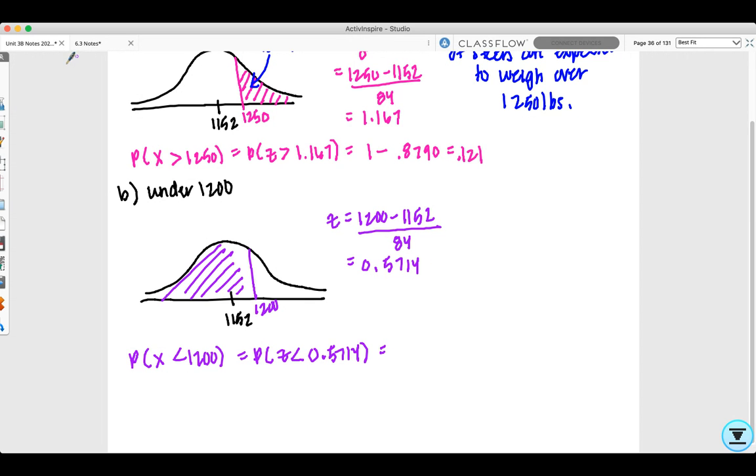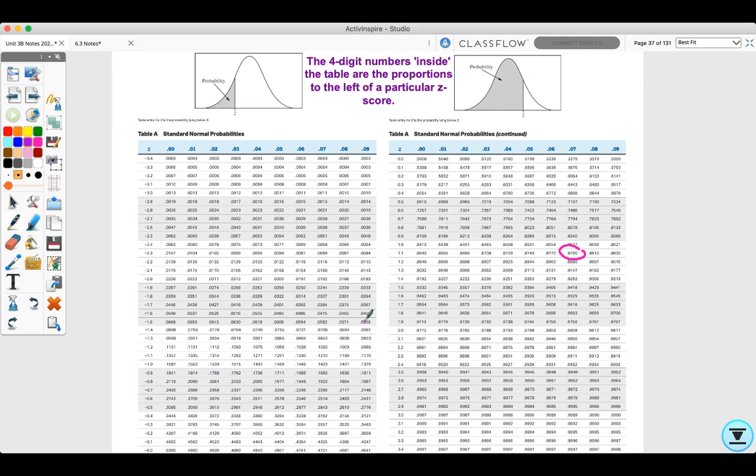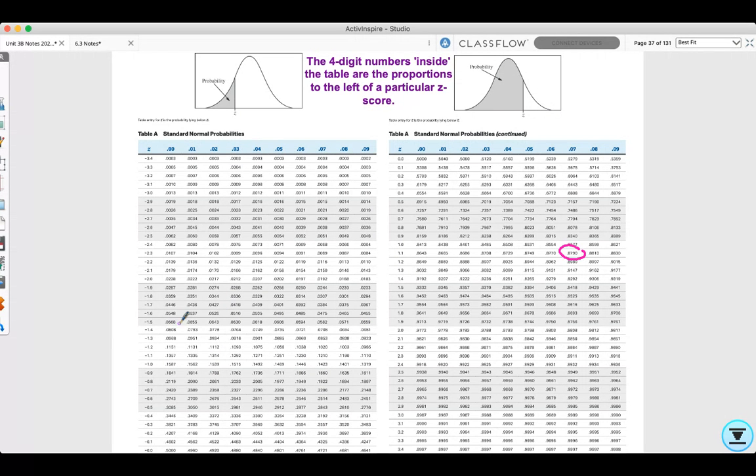And then go into your table. So we go to 0.57, and you get 0.7157.